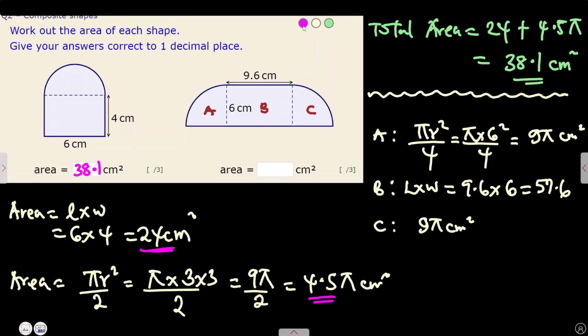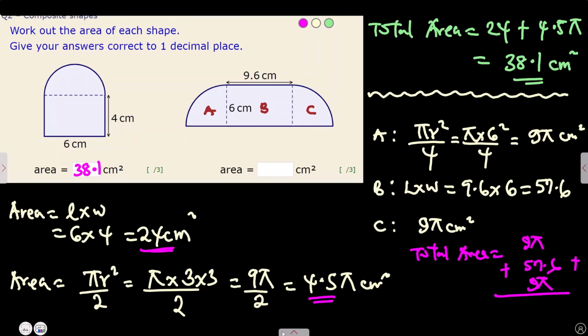So if you want to work out the total area for A, B, and C, the total area will have to be 9 pi plus 57.6 plus another 9 pi.